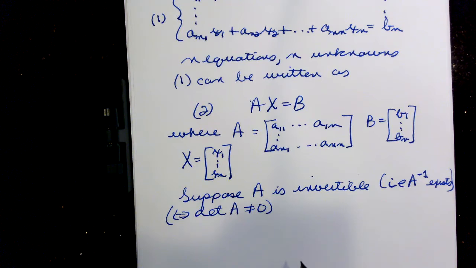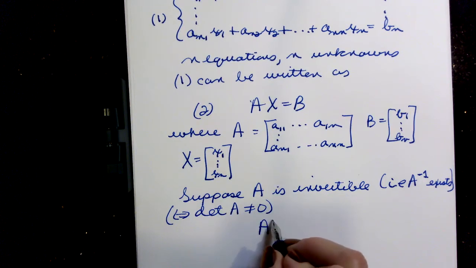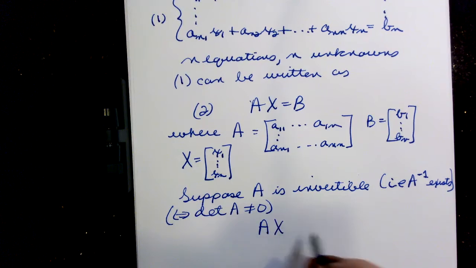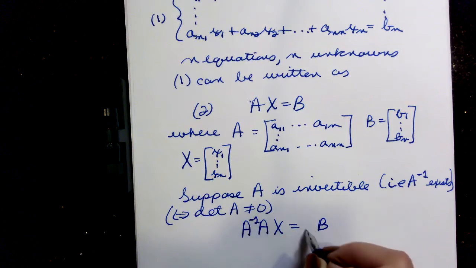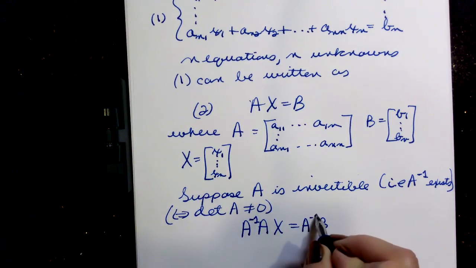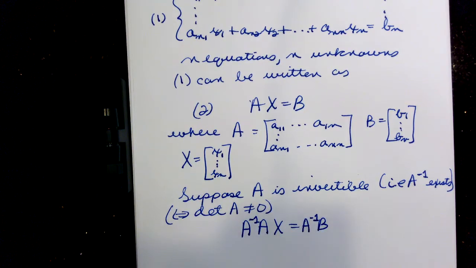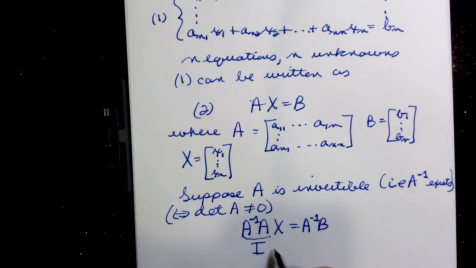Okay, so if A is invertible, then I can multiply my original equation by A inverse on the left. And I can do that as long as I know my left hand from my right hand. Now, a matrix times its inverse gives you the identity matrix.